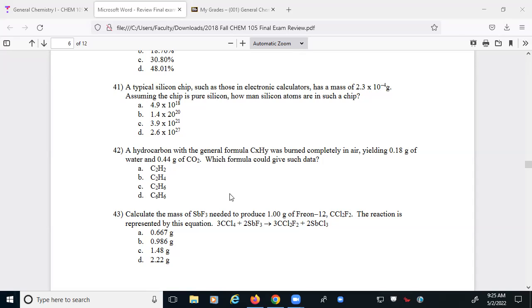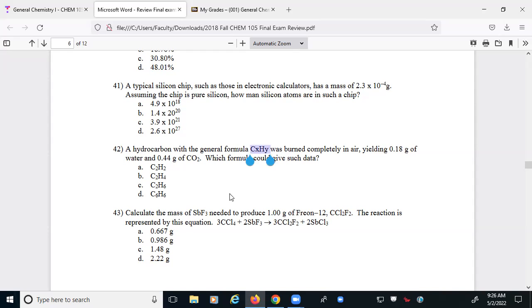And the reason is we didn't explicitly talk about how to do this, but you know how to do this. You just have never been asked to put the pieces together this way. So this is an empirical formula problem, 42.